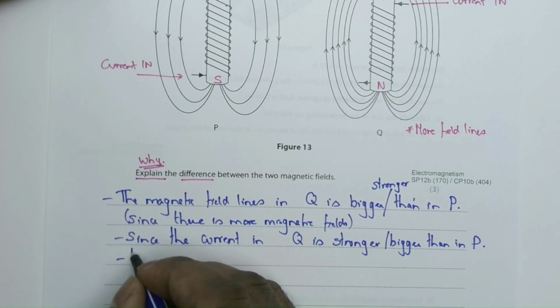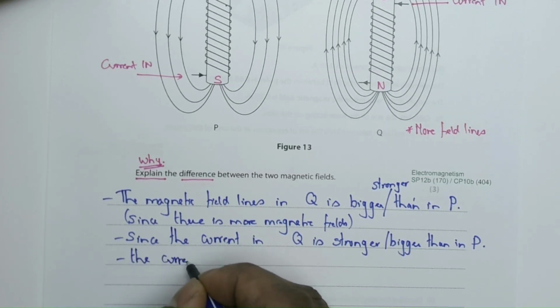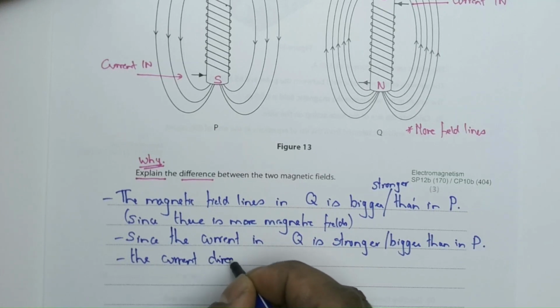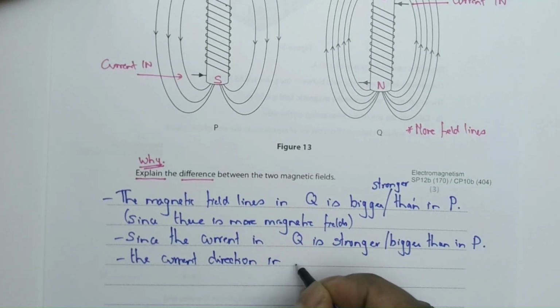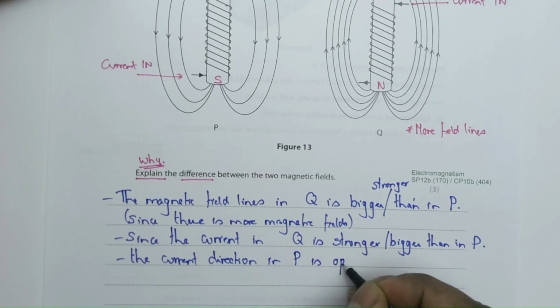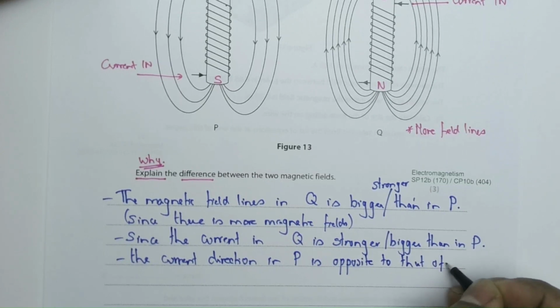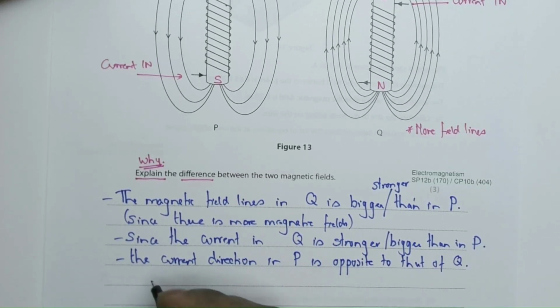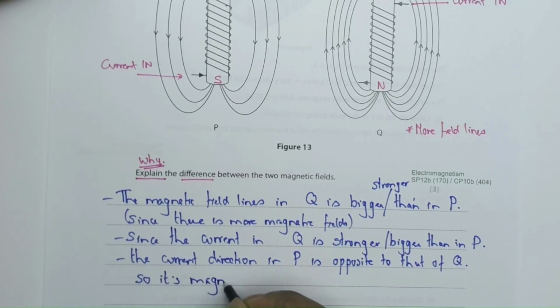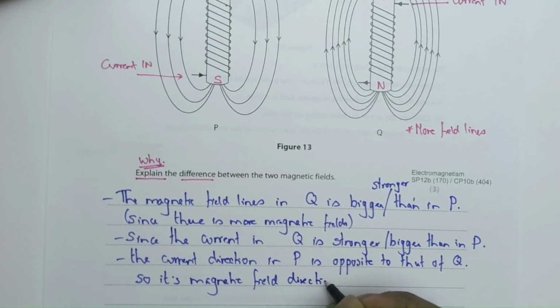So the current direction in P is opposite to that of Q. So its magnetic field direction is opposite as well.